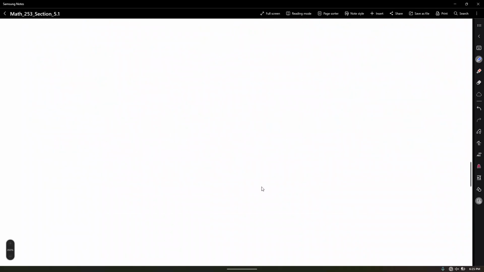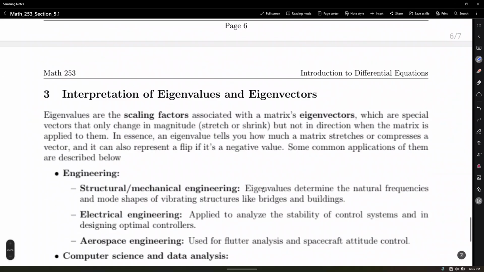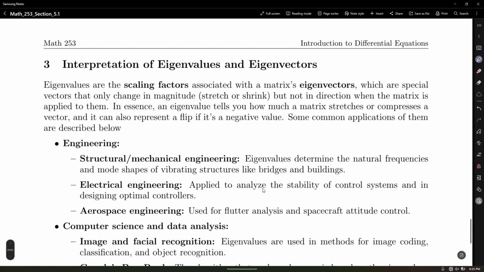Okay, so what are these eigenvalues and eigenvectors? The interpretation of these eigenvalues is simply scaling factors. That's all they are. They are associated with a matrix's eigenvectors, which are special vectors that only change in magnitude, like I mentioned. That's why we had that freedom of choice for the value we want to do, right?